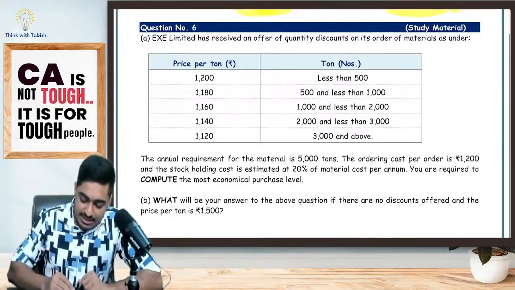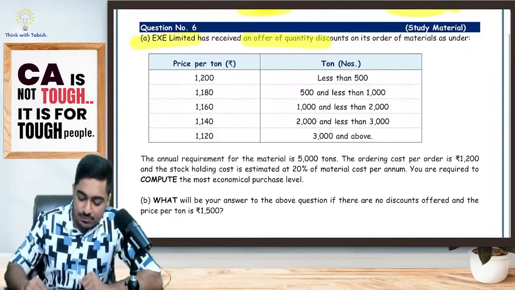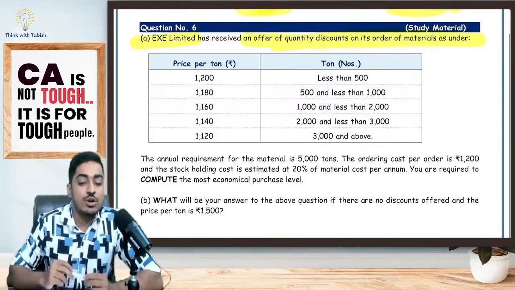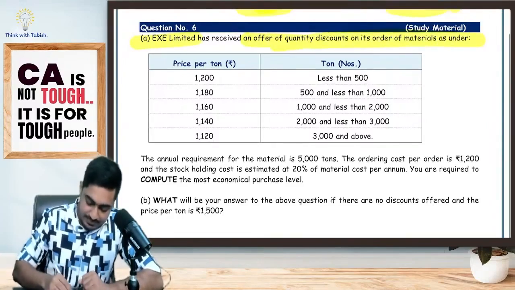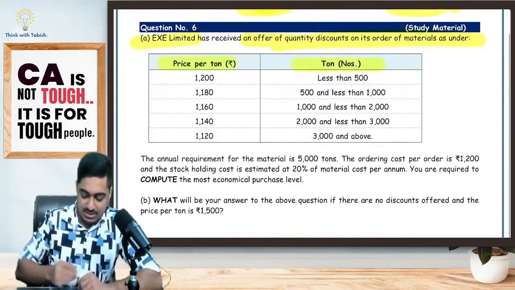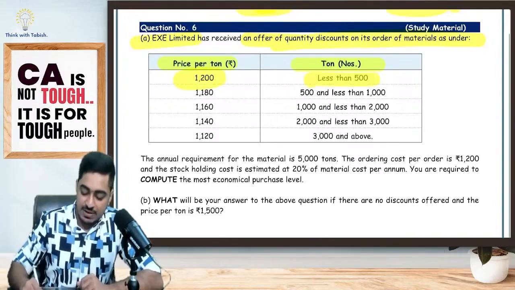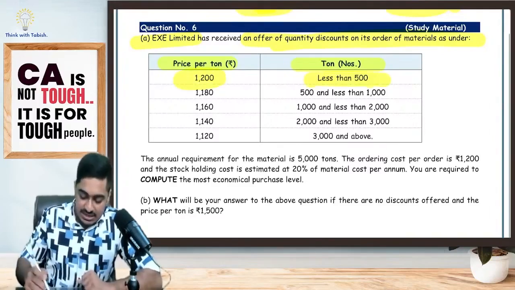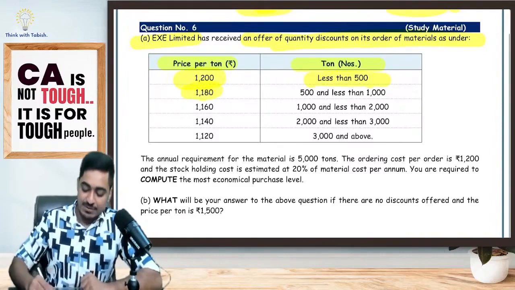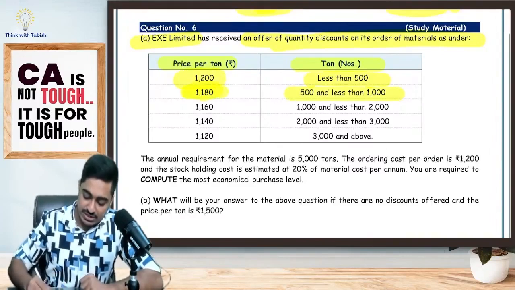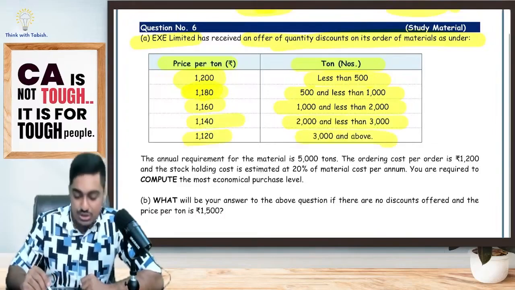Let's see, everyone. EXE Limited has received an offer of quantity discount on its order of material as under. Price per ton, number of tons: if I am buying less than 500 tons, it is going to be 1200. If I'm buying 500 to 1000, it means 1180; 1000 to 2000 means 1160; 2000 to 3000 means 1140; 3000 and above means 1120.